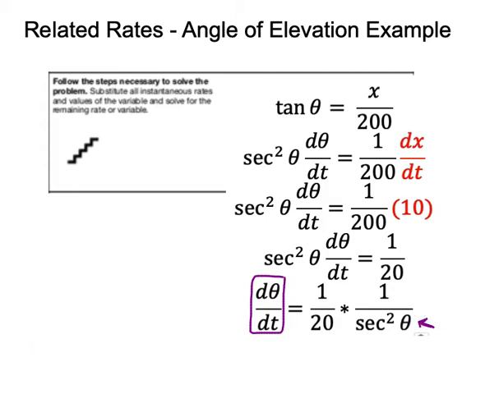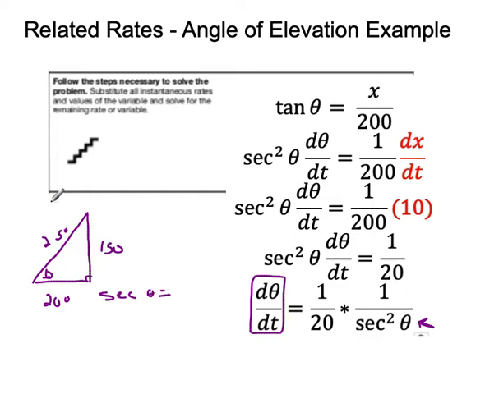If we substitute a value in for secant squared of theta, this is where we have to go back to our picture. Our picture at the beginning said that this length was 150, that this length was 200. Here is theta, and here is 250. I can figure out what the secant of theta is. I know that the secant of theta is hypotenuse over adjacent.